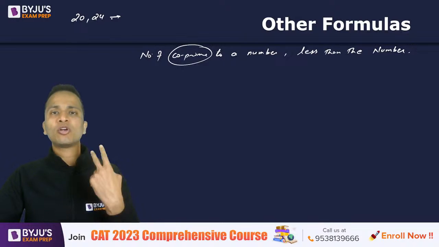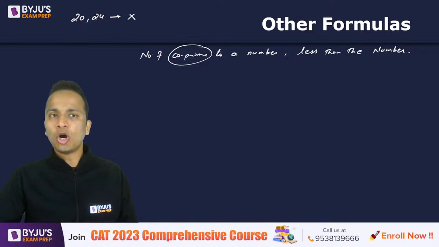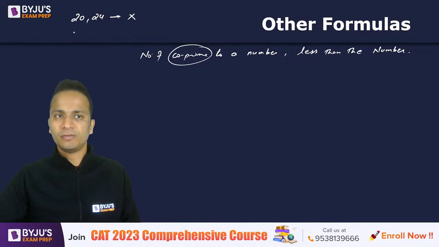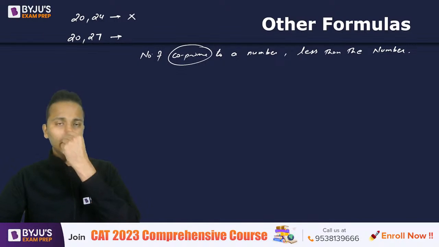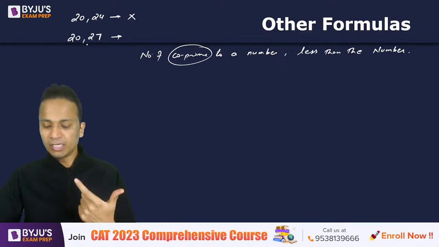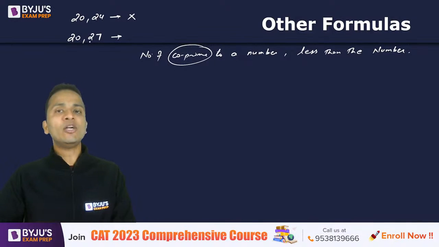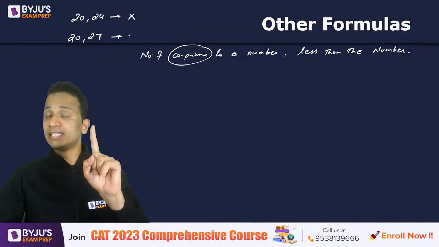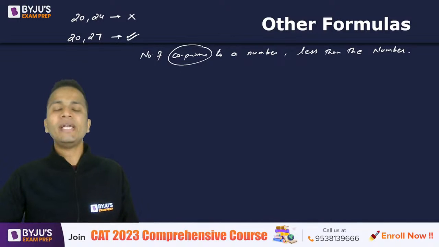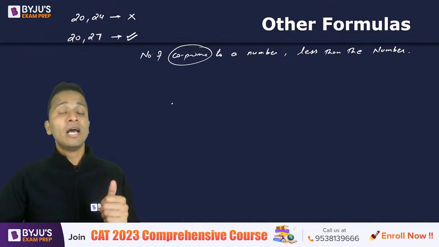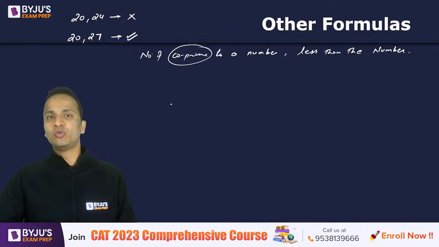There is a common factor of 2. All right. 20 and 27. Among these two numbers, we don't have any common factor except one. So I can say that 20 and 27 are coprime with respect to each other.